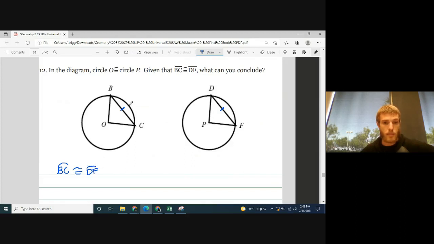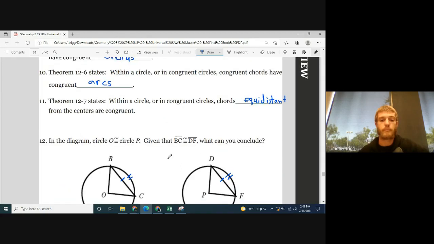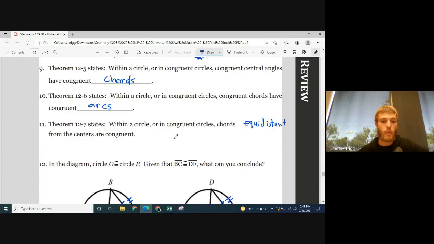Right, this arc is congruent to this arc. Notice I put a little arc symbol over these.